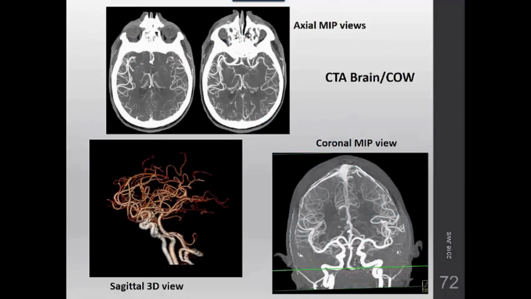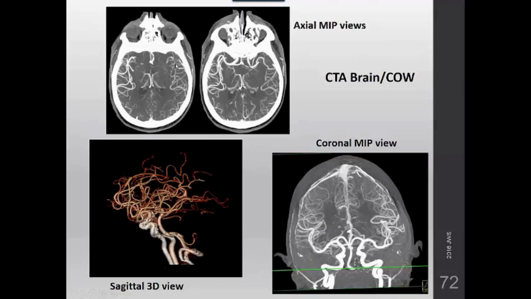These are images of the circle of Willis in the MIP and a 3D. These are the MIP images here, maximum intensity projection. This is a coronal view, and you see here's the basilar artery coming up and spreading out, and the circle of Willis is not really visible that way, but you can see the arteries anyway.